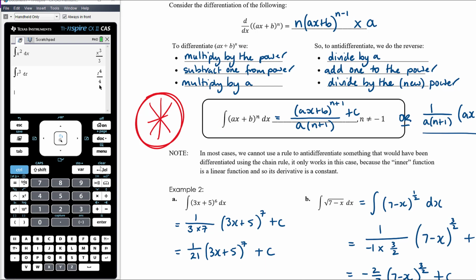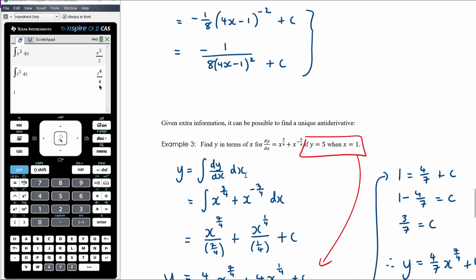There are versions of these antiderivative formulas on your methods formula sheet as well, which is on the inside cover of your blue booklet. So make sure that you're aware of which versions of the antiderivatives you get, and that therefore you perhaps don't need to remember, and that you can refer to at any time, and which ones you're going to need to actually know along the way.